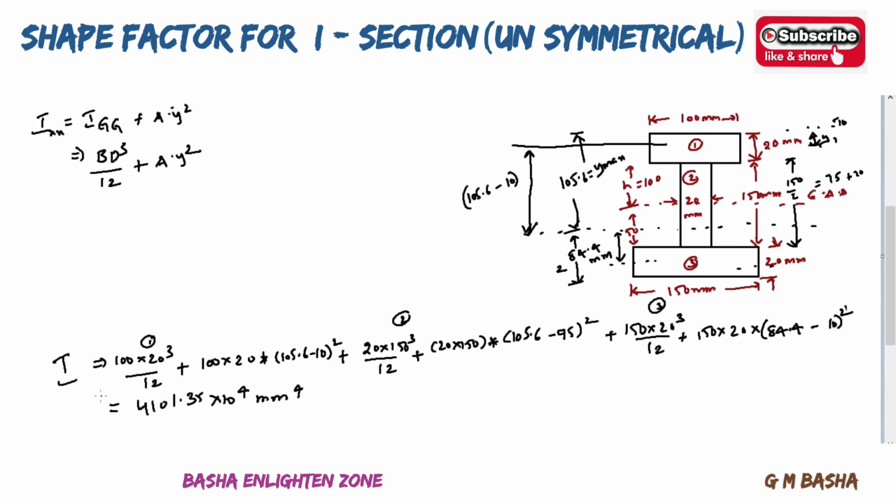So this is I, and we know y max which is 105.6. If you want the Zd value, take I by y max, that is 14101.35 into 10 to the power of 4 by y max, 105.6.